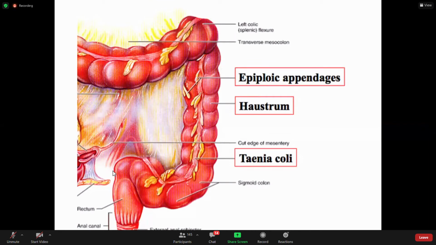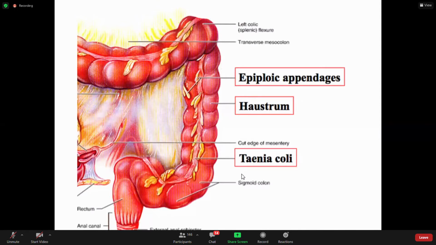In the cecum, the ascending colon, and the descending colon, their positions are anterior, then posteromedial, and then posterolateral, the arrangement of these longitudinal muscle bands, which are termed taenia.